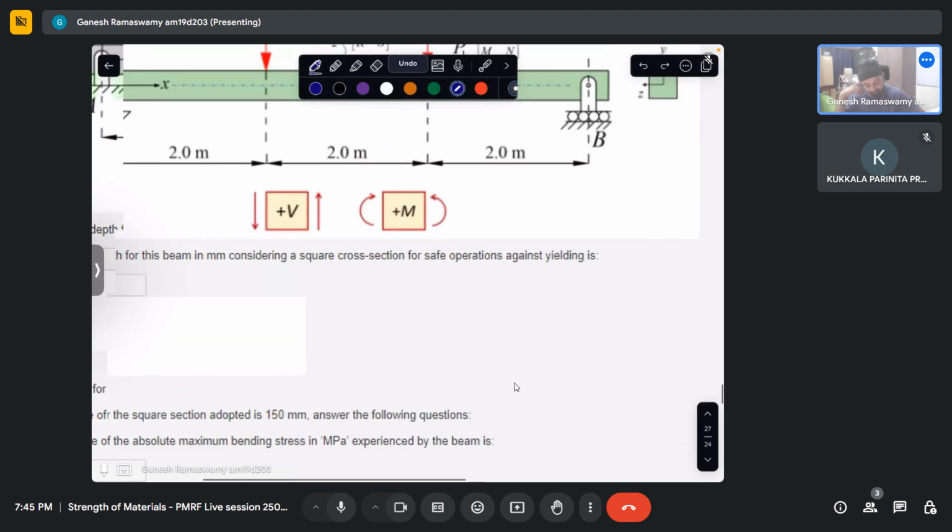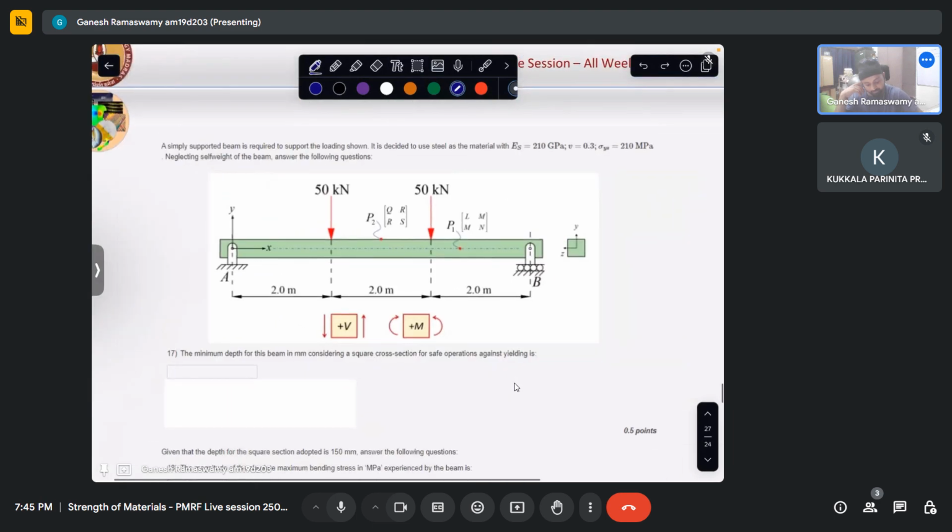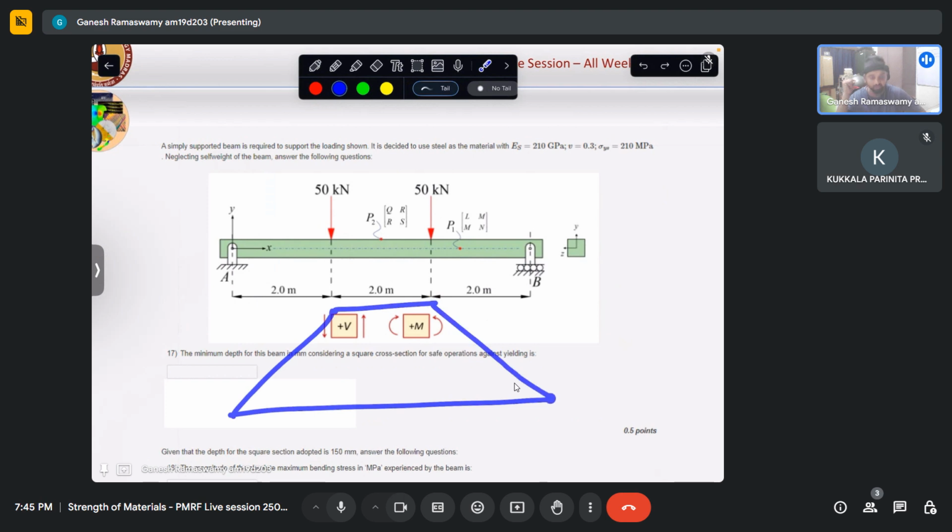This is a 4-point bend beam. So I know I have two reactions which are also 50 kilonewton. Now, how does the bending moment diagram for this beam look? It is like this. So the maximum bending moment is over here, which is constant. So this is the shear span. So the maximum bending moment is this 50 into 2.